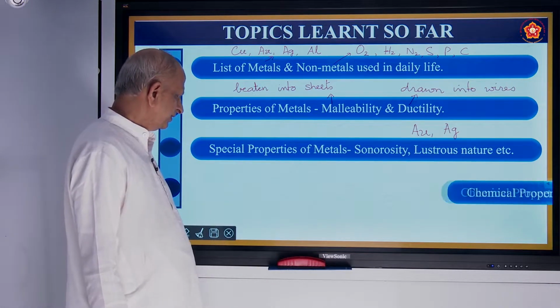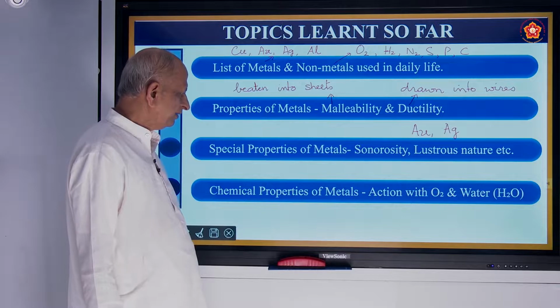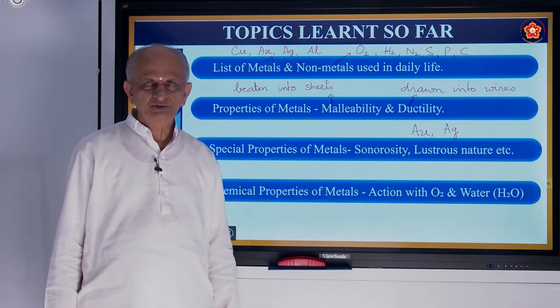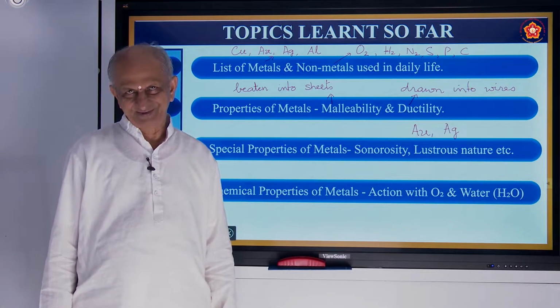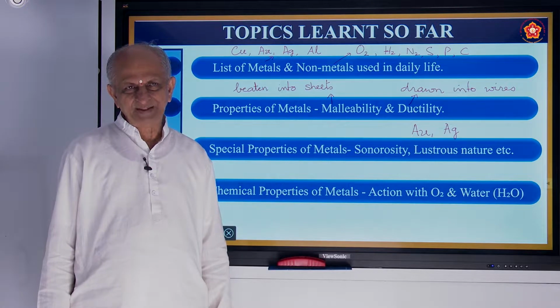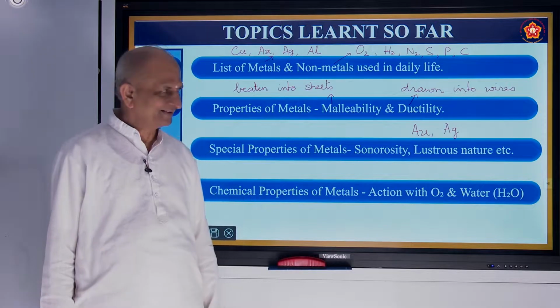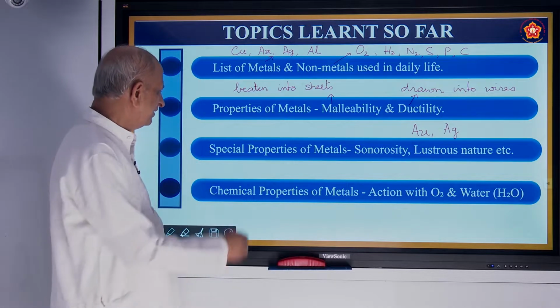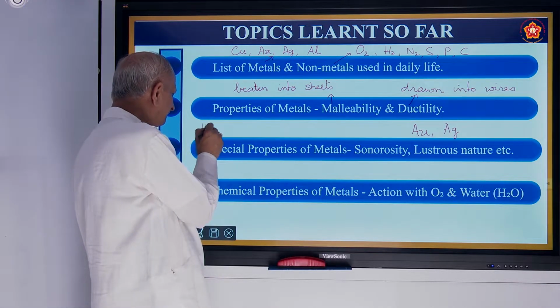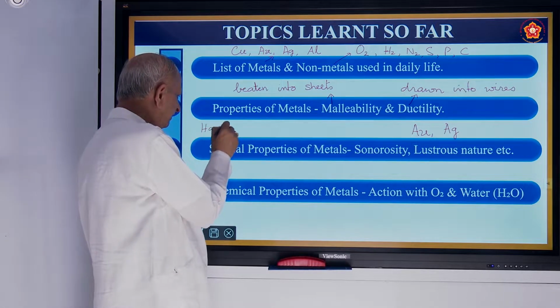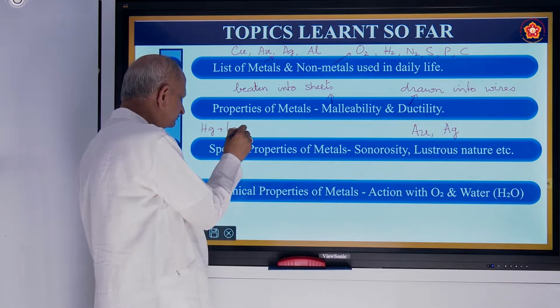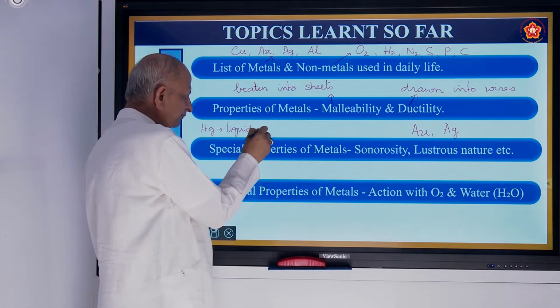Okay. And also we know that most of the metals are solids. Can you name the metal which is a liquid? Yes, it is mercury. Mercury is a liquid metal. Can you name a liquid non-metal? Forgotten.